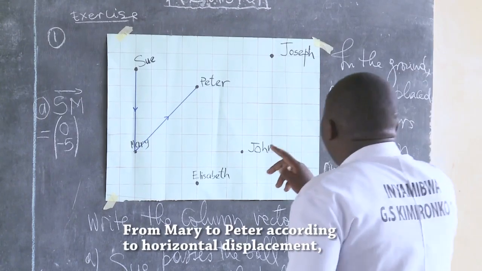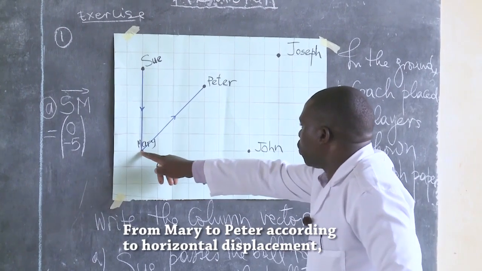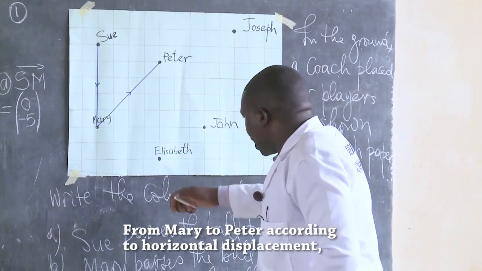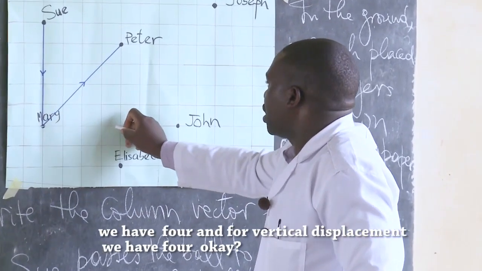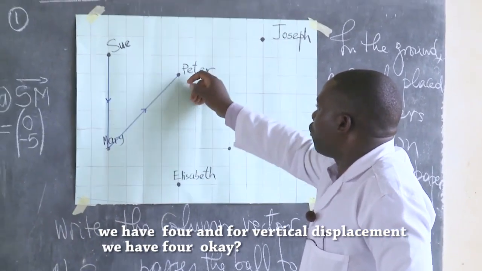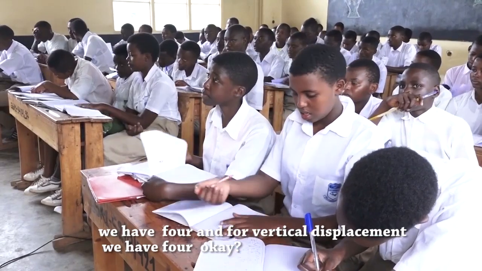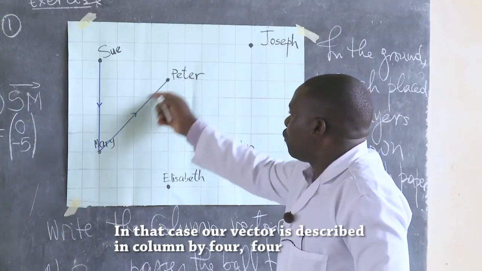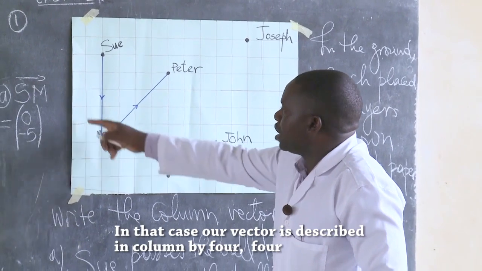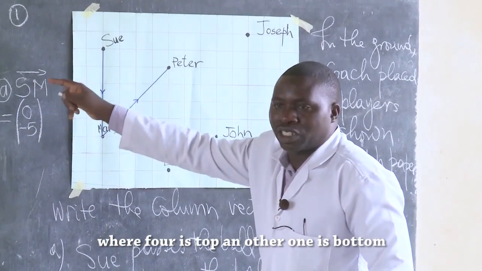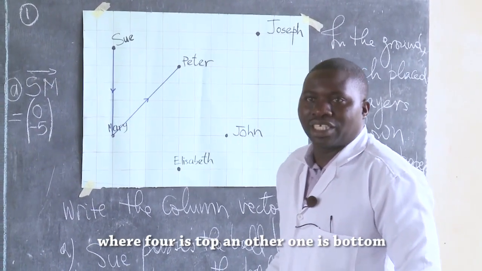From Mary to Peter, the horizontal displacement is 4, and the vertical displacement is 4. In that case, our vector is described in the column by 4, 4, where one 4 is on top and the other is at the bottom.